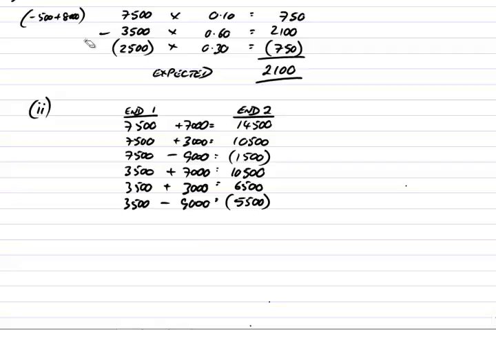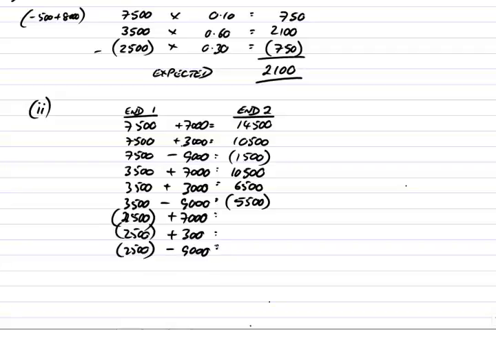Finally, it could have been that period 1 ended up with 2,500 negative. And again, in period 2, we could have got an inflow of 7, an inflow of 3, an outflow of 9. And so the final closing balance at the end of period 2 in this situation could have been 4,500 negative, 500 positive.